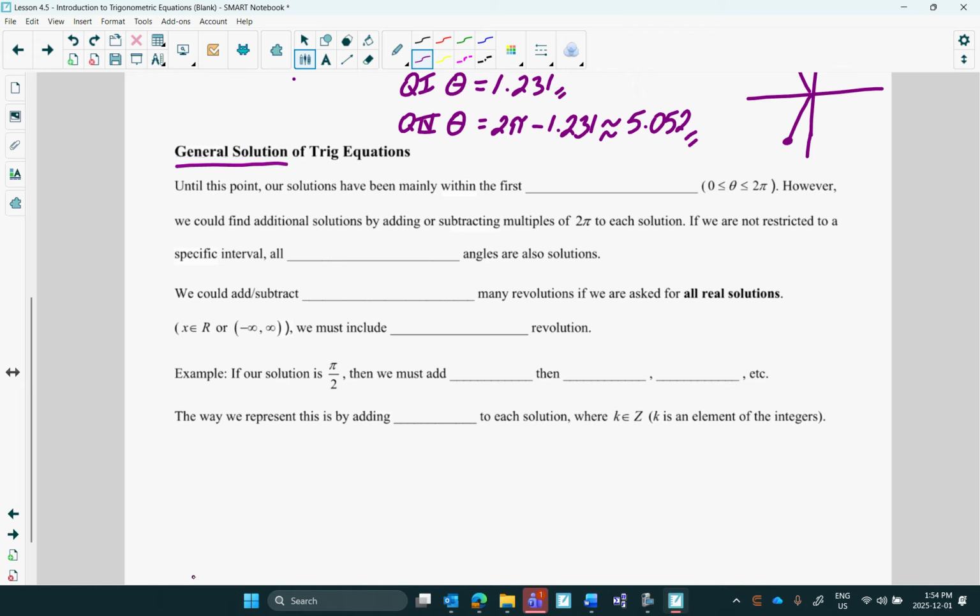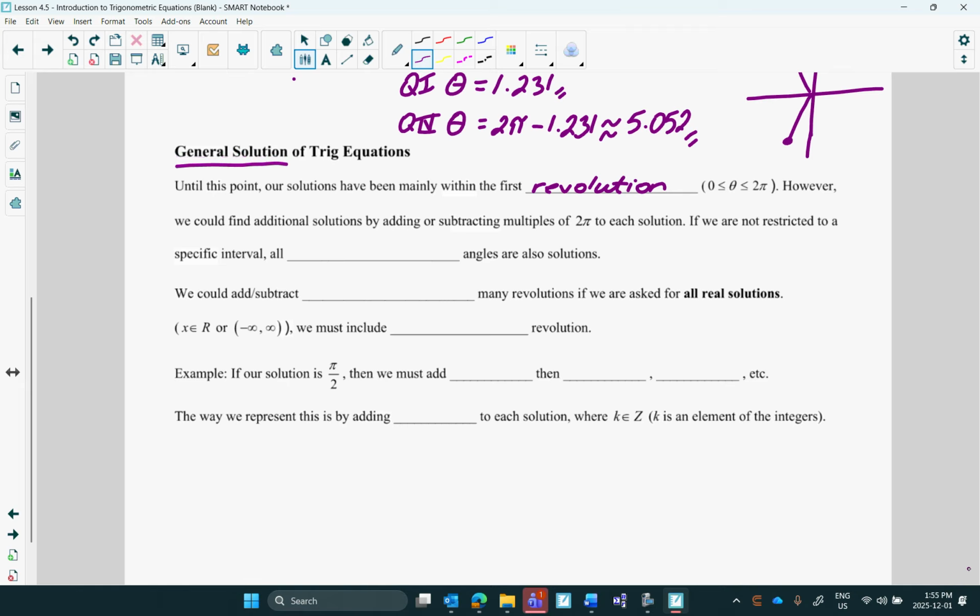Okay? So like I said, what we've been doing up to this point, all our answers have been in the first revolution. 0 to 2 pi or 0 to 360 degrees.